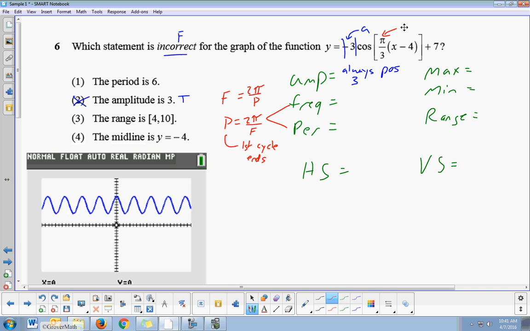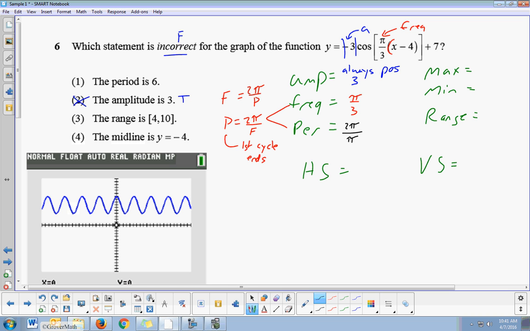Sometimes we use a letter F, like I am here. Sometimes we use a Greek letter omega. Sometimes we just use a lowercase b. But this is your frequency, the coefficient to x. So the frequency is pi over 3. And our period is going to be 2 pi divided by that.